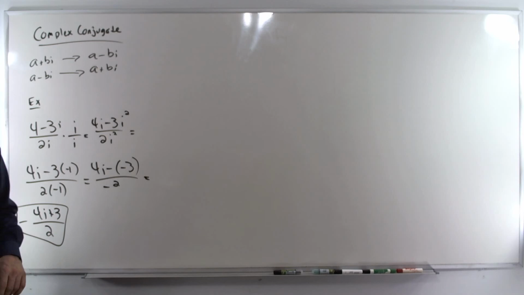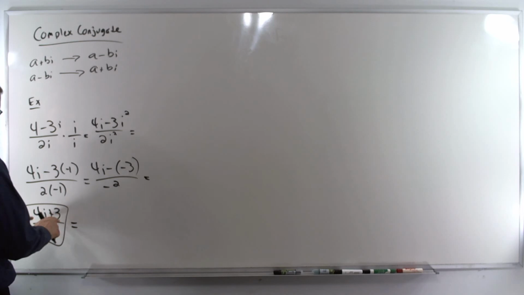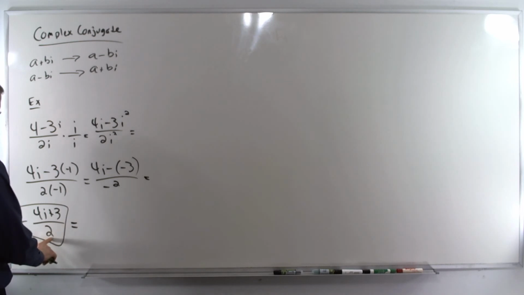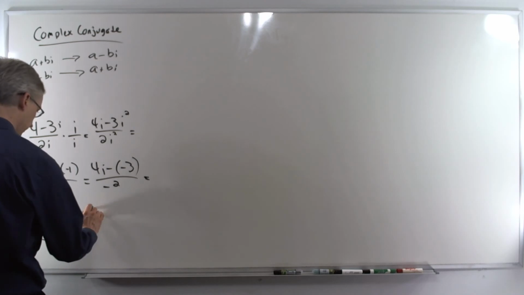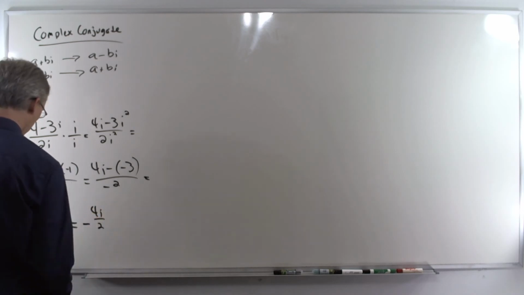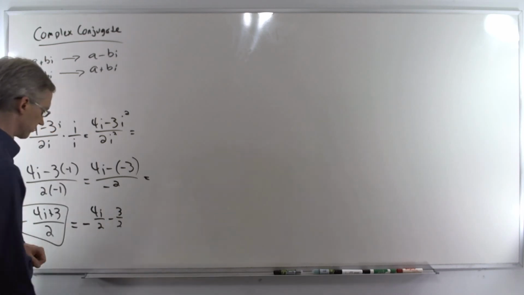Now if we want to write this in standard form, we need to break up this fraction. All right, so we've got that property, where if we have things added or subtracted up top over a single number on the bottom, we can break that up into two fractions. So that'd be negative 4i over 2 minus 3 over 2.